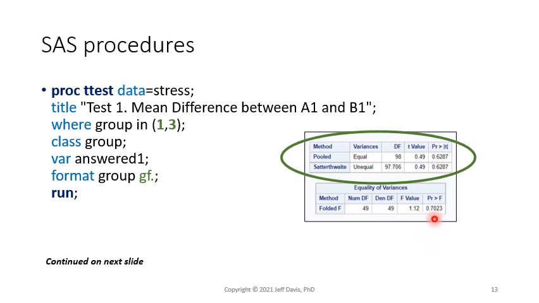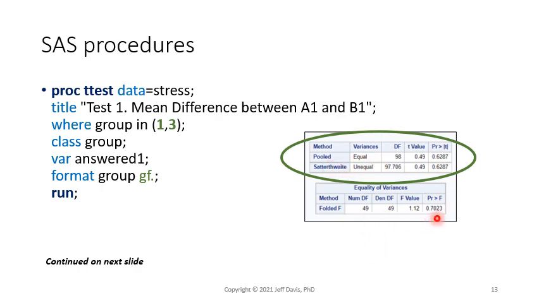But if Pr > F is greater than 0.05, which it far exceeds here, then we use the top row, equal variances.